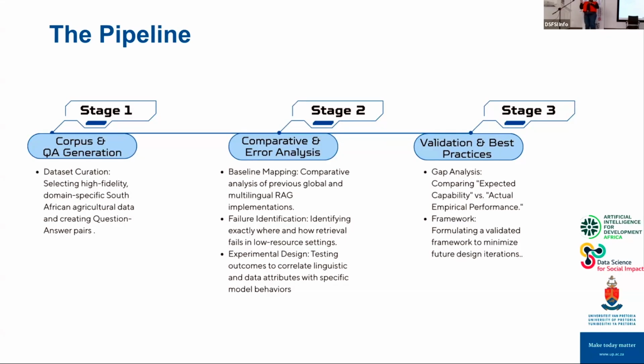So we look at previous implementations and try to figure out what trends already exist, and from those identify where and how these mechanisms fail, and then design an experiment based on this. The last part is validation and best practices. At the end of the day, we want to correlate the behavior of the model with the data and the language.